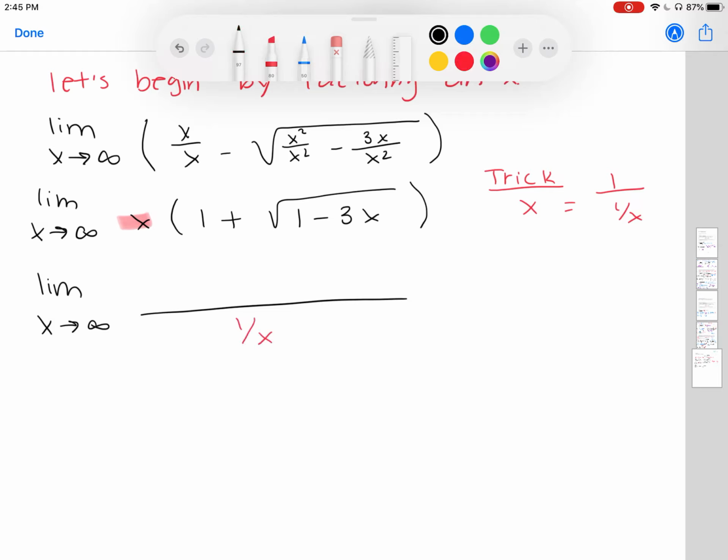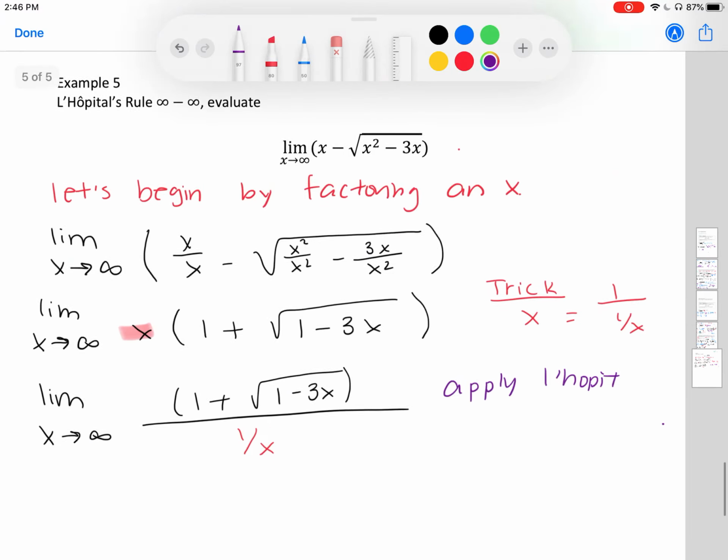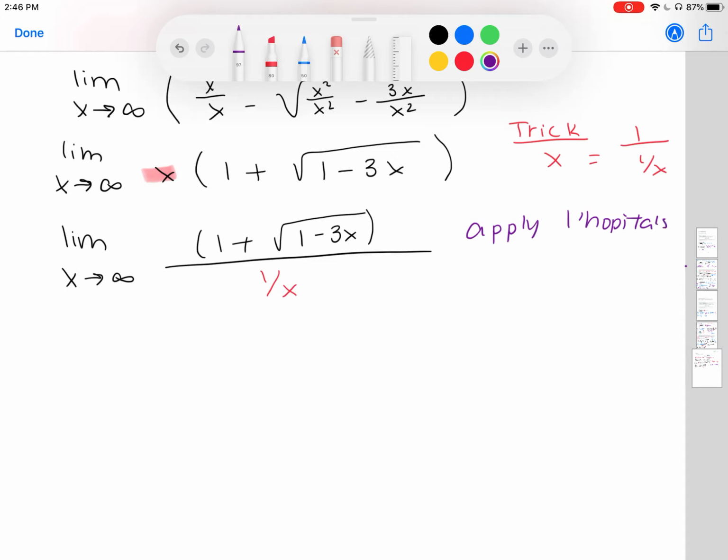And in my numerator, I'll write that other product, 1 minus the square root of 1 minus 3/x. Okay, now since I have a fraction, I can go ahead and apply L'Hopital's rule. So let's go ahead and do so.